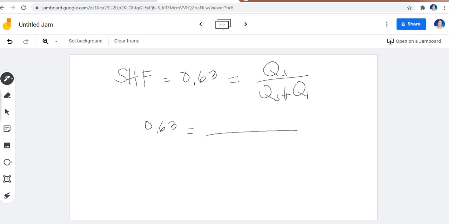By the way, we don't know the QS yet, so we need to determine the QS first. We'll have that as our equation 1. If QS is known, then we can determine the latent heat.